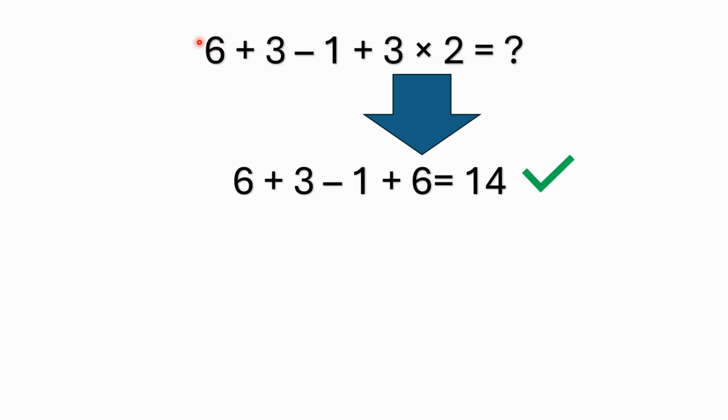People like to think that you just simply go left to right, like you're reading a sentence. And you do go left to right, but as you're scanning this problem left to right, you are looking for things like parentheses, which are grouping symbols, or you're looking for exponents, square roots, factorials.